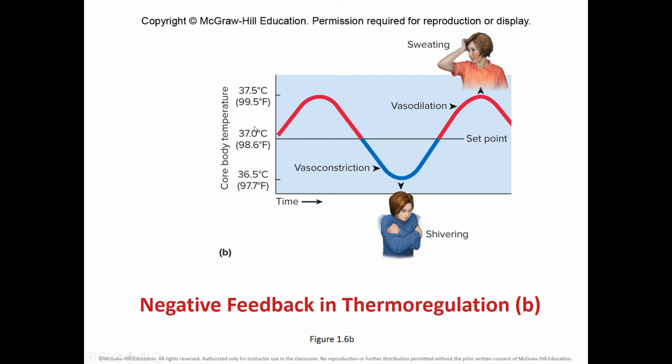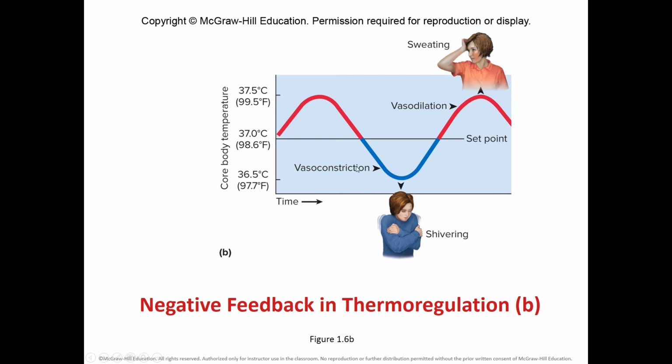So your normal body temperature can vary between 37.5 degrees Celsius to 36.5 degrees Celsius, or 99.5 Fahrenheit and 97.7 Fahrenheit.